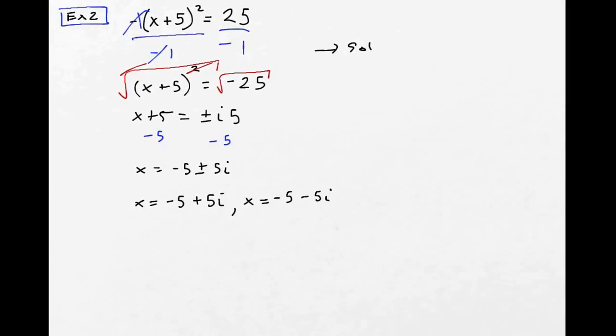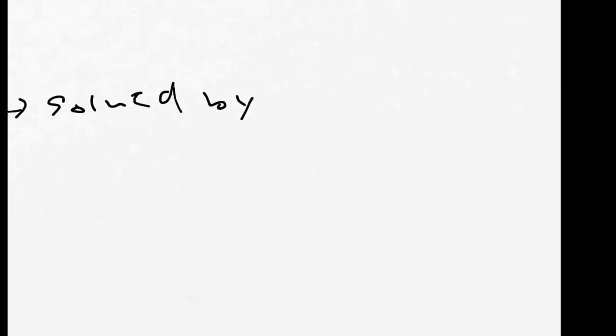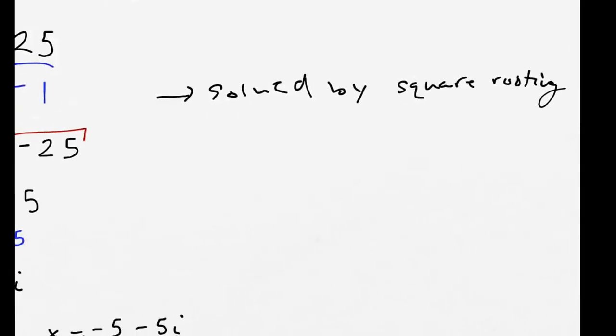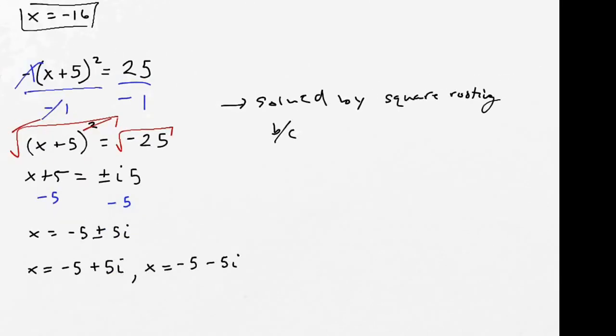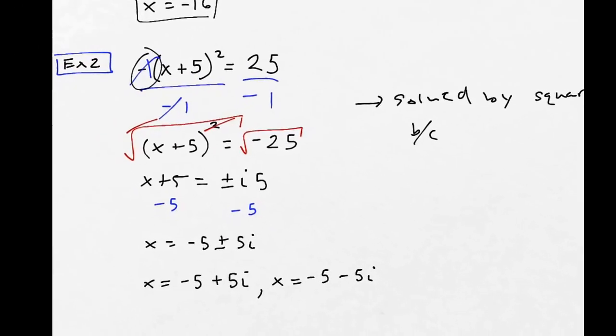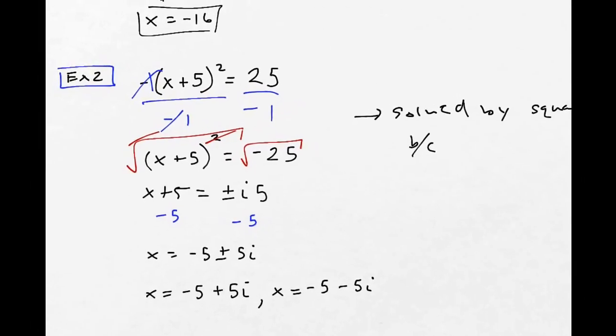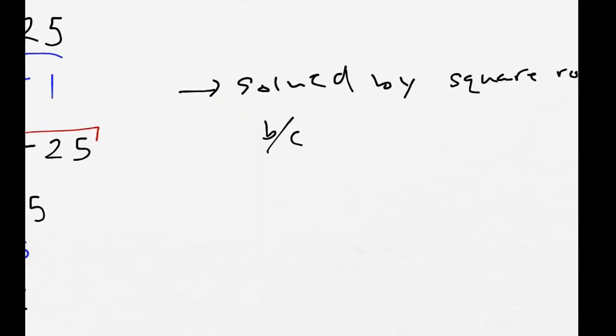So solved by square rooting because we could get the square by itself. All we had to do is divide by that negative 1. If we can get the squared term by itself and there's no other x's, then we can solve by square rooting.